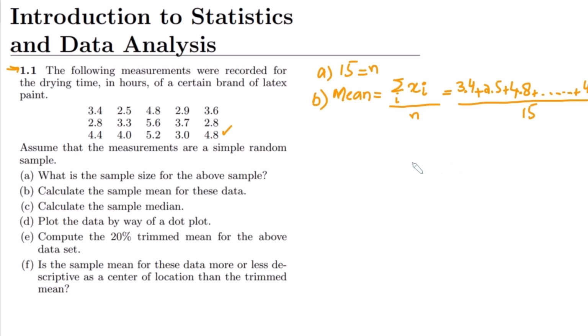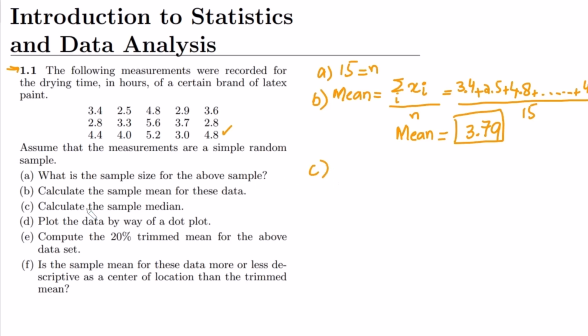As I have done it myself, you can try it yourself as well. Adding them together and dividing by 15, I get 3.79, which is the sample mean of my data. So this is the answer of part B.